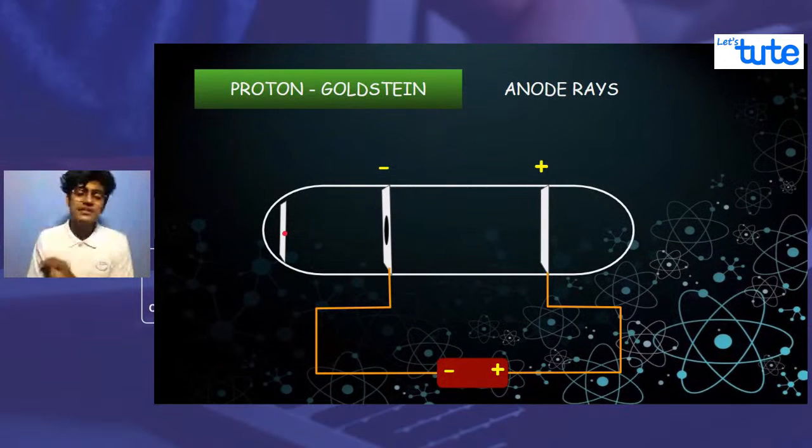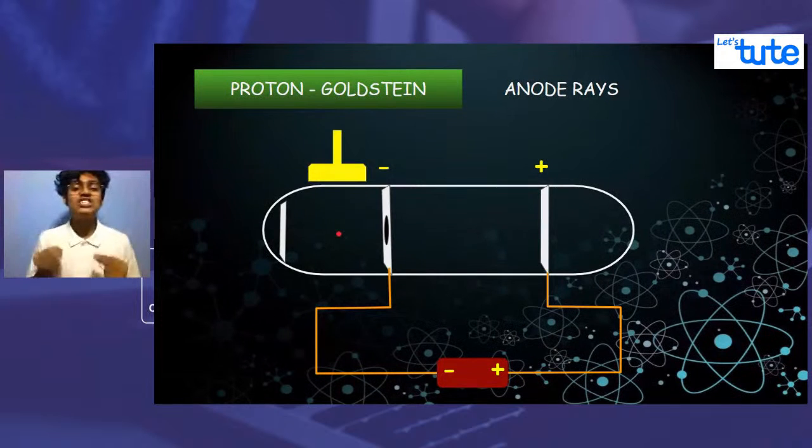Goldstein was confused whether these passing particles were really positive particles or just electrons coming back towards the screen. To understand this, he placed an external force, an external negatively charged metal plate. This yellow thing is nothing but the negatively charged metal plate.